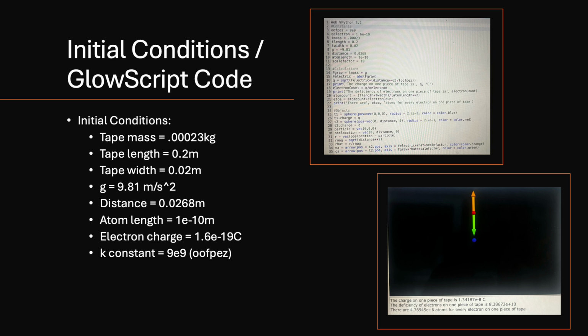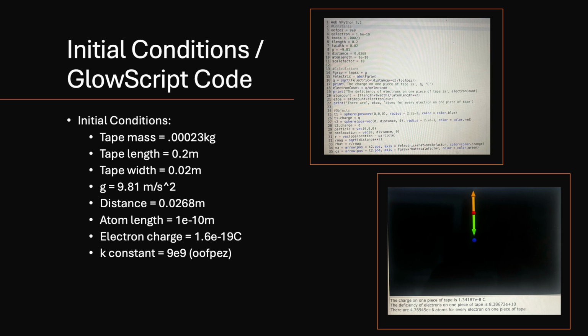And the K constant, or 1 over 4 pi epsilon naught, is 9 times 10 to the 9, which in the code you can see is referred to as UFPES 99. You can see Q electron, which is the charge of the electron, tape mass, tape length, tape width, G, distance, atom length, and the scale factor. And then we find the force of gravity, and the electric force is just the absolute value of the force of gravity in this instance.